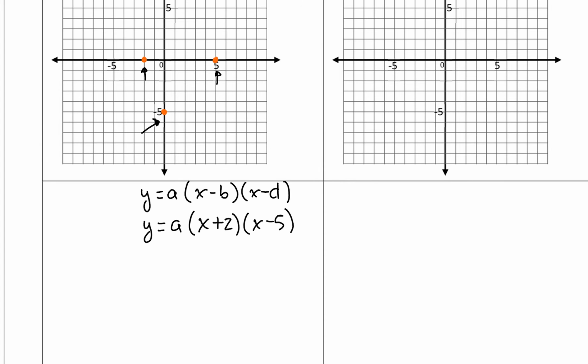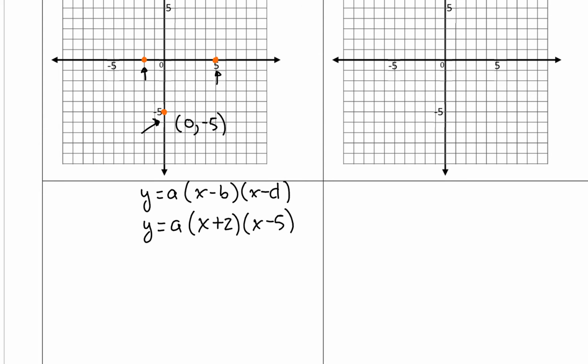So how do we find the value of a that will force it to go through that point? When we did these last time, we decided to take the x and y value from the y-intercept. I could use any point other than the roots, but we're going to use this one. For this point, x is 0 and y is -5.